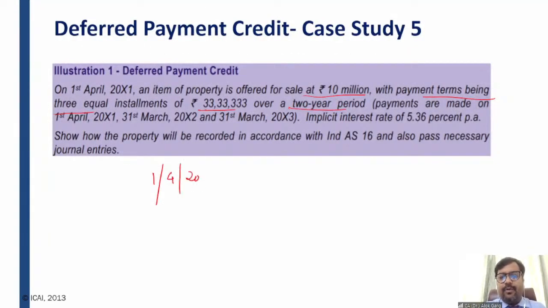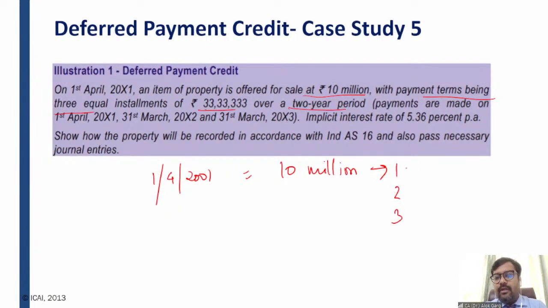The value of the property was 10 million. It means 1 crore, 100 lakhs. There are 3 equal installments, right?